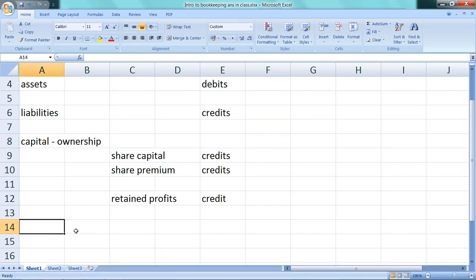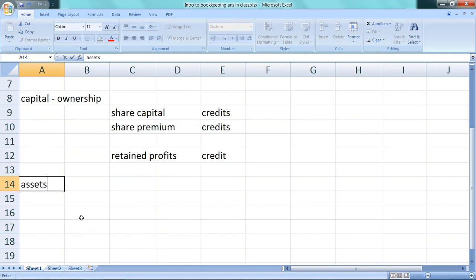So we can have a definition of assets and liabilities, and it focuses on 3 key areas. We start with a past transaction or event, which means that something's happened.